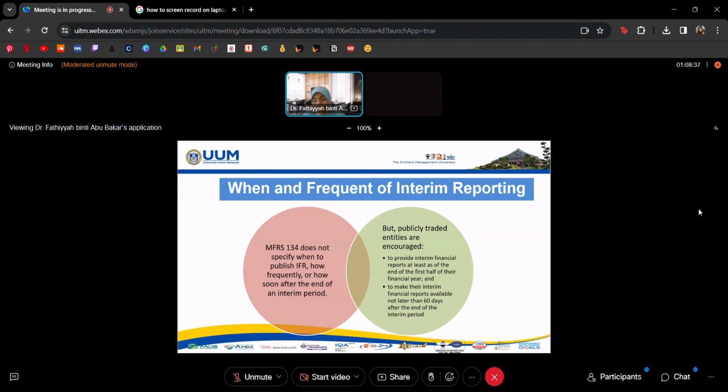And to make their interim financial report available not later than 60 days after the end of the interim period. So it means that after you prepare, you have to publish, not later than 60 days after the end of the interim period. Let's say you choose to provide an interim report every 6 months.